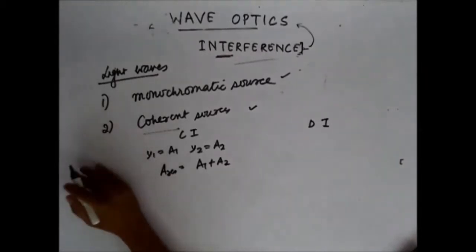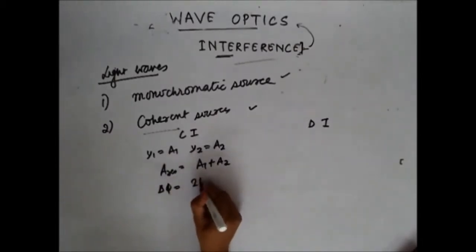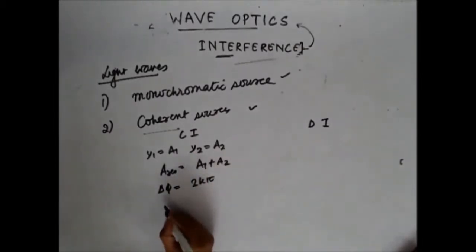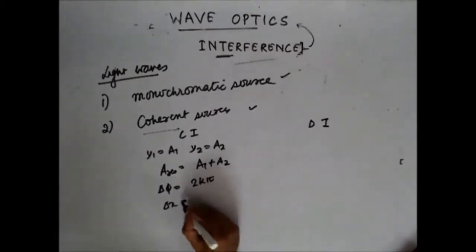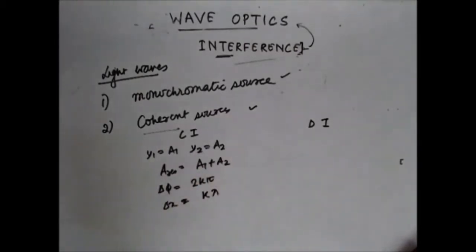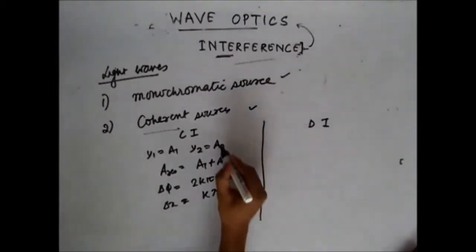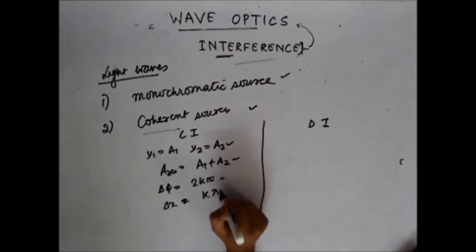Whenever the first wave reaches its maxima, the second wave also reaches its maxima. So the resultant is simply the addition of both the maxima. The phase difference for constructive interference, as we saw, was equal to 2k pi, and 2k pi is equivalent to a path difference of k lambda.